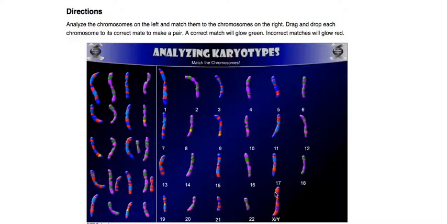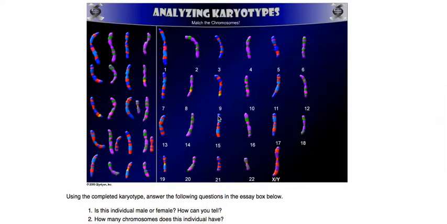You need to look at the specific banding patterns and drag what you see here on the left side of the picture over to the right side and match the chromosomes up. Once you do that, you'll be able to determine if this individual is a male or a female using the information that you have been able to synthesize from the lesson and looking at the map.